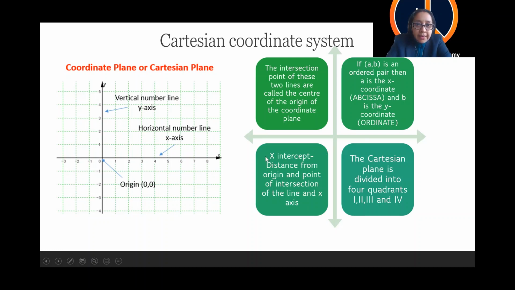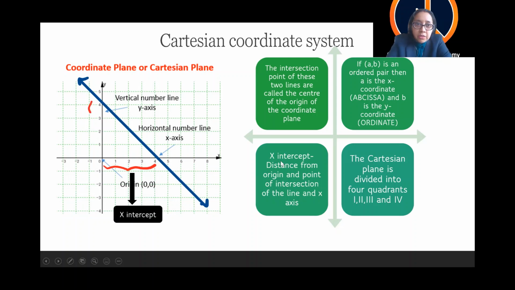The next concept is the x-intercept and the y-intercept. For example, if you find that this is a line segment and it intersects the horizontal axis and the vertical axis at these points, then the distance from the origin to the point of intersection of the line and the x-axis, we call the x-intercept.